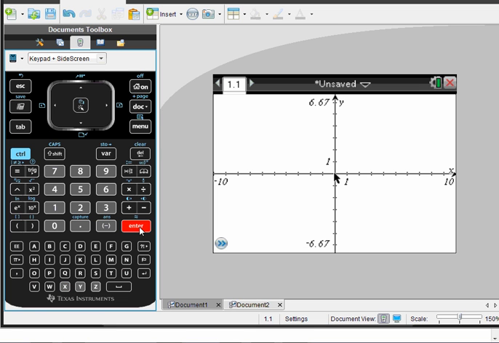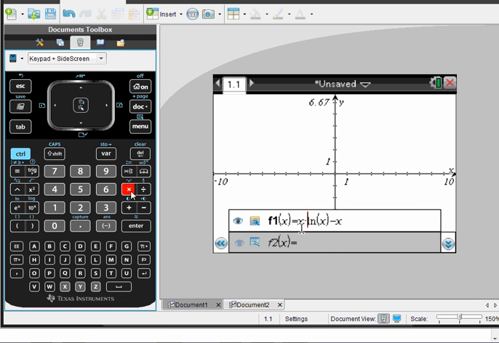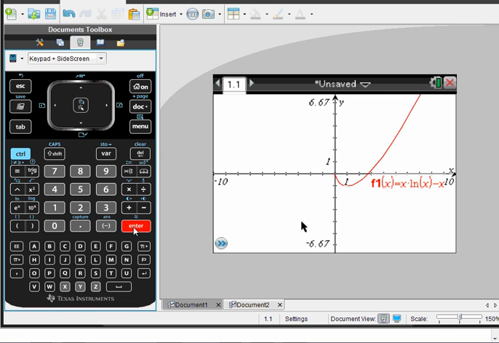You know what? I know what I did wrong. Do you guys know what I did wrong? On the Inspire, you have to put the times sign in there. Otherwise, it looks at xlnx as the name of a new function. So I have to go and put the times sign in right here. And the minute it becomes not italicized, we're okay. There it is.